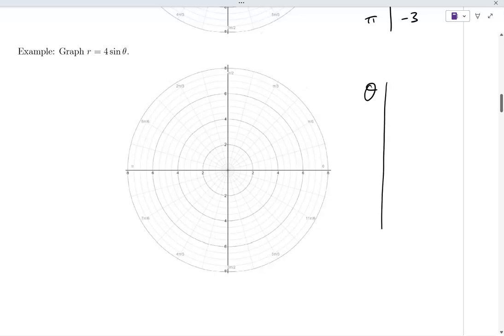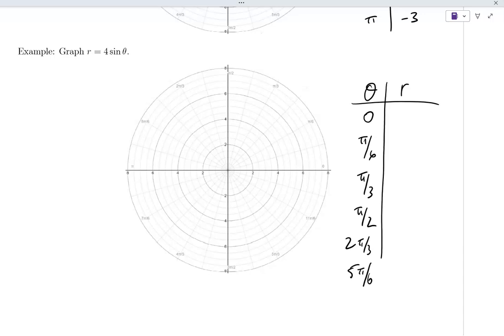Let's pick some thetas, get some r's. Again, I'll start with some values for theta from 0 to pi. I'll add some more in there if I need to. Usually, if you do 0 to 2 pi, you're pretty safe, because 0 to 2 pi will get you rotated all the way around one time, right?